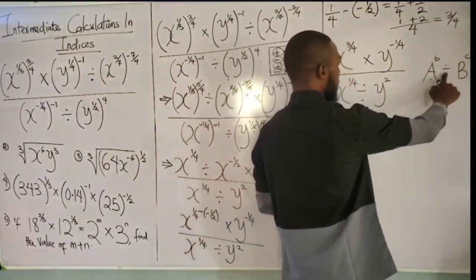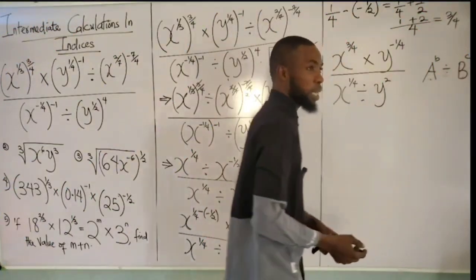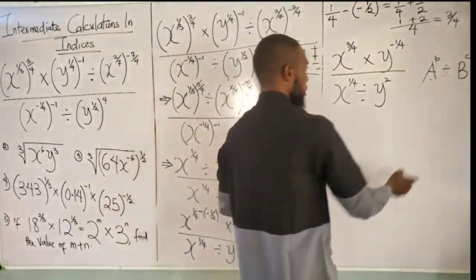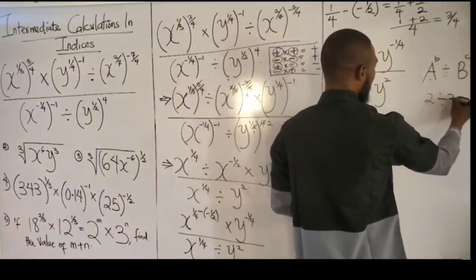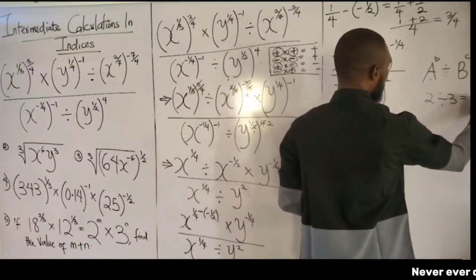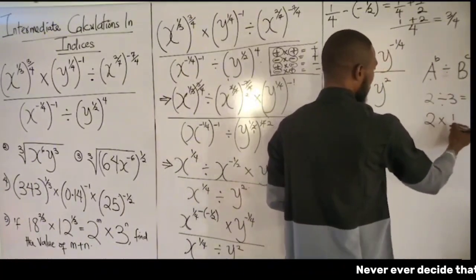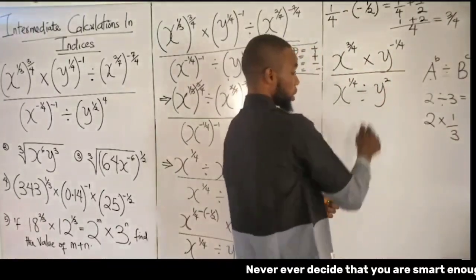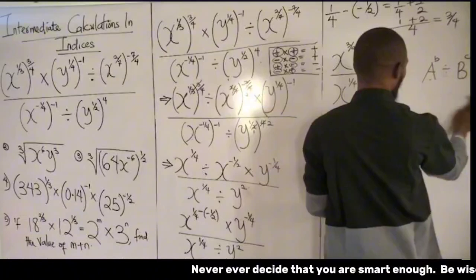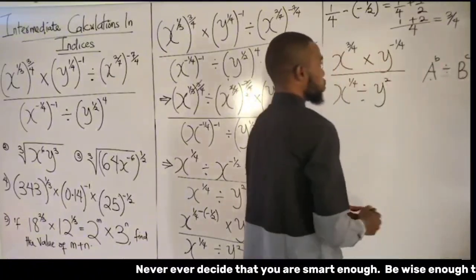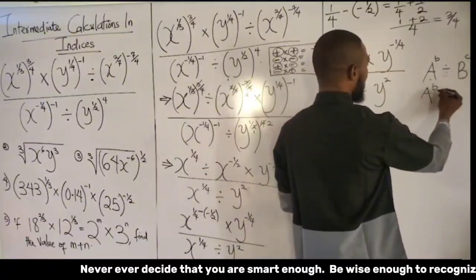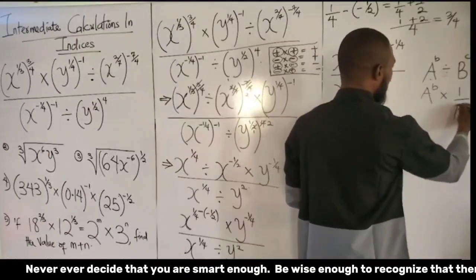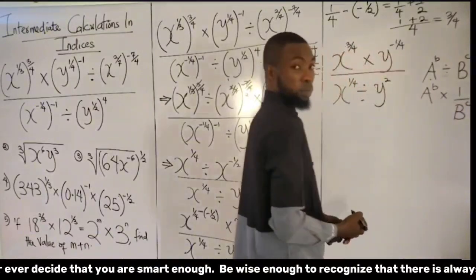Look at the dividing sign here. If we have stuff like this, I can change my divide to times by inverting, right? So if we have 2 divided by 3, for instance, it can become 2 times 1 over 3. That's to invert, right? That's what we are doing. So in this case, I can say it is a raised to the power of b times 1 over b raised to the power c, right?